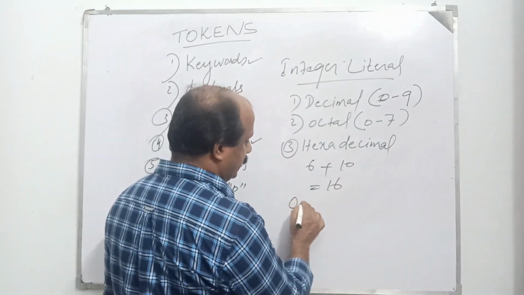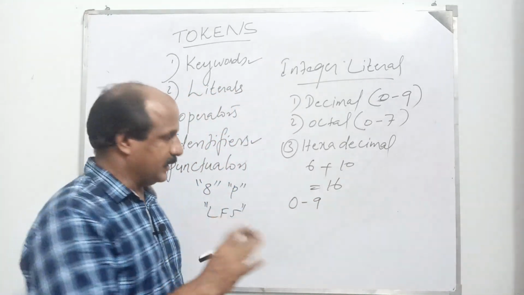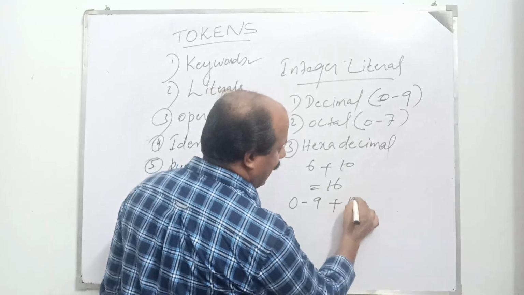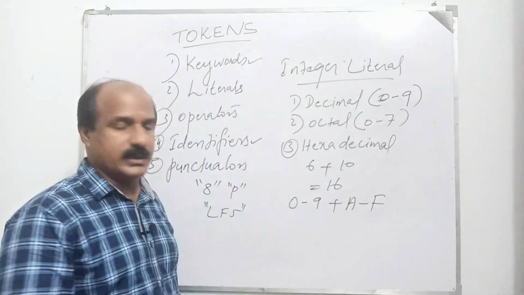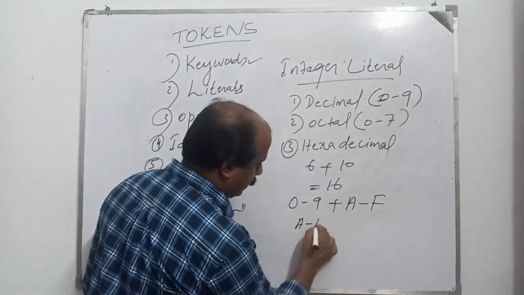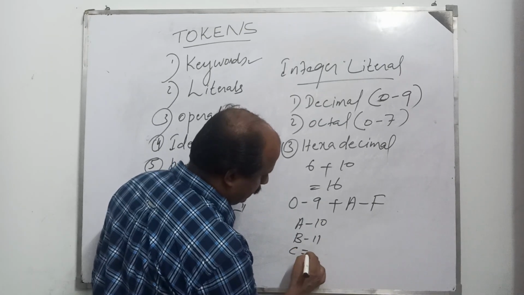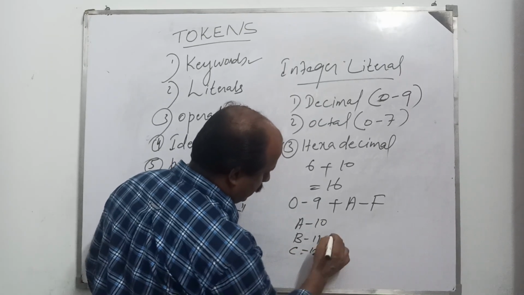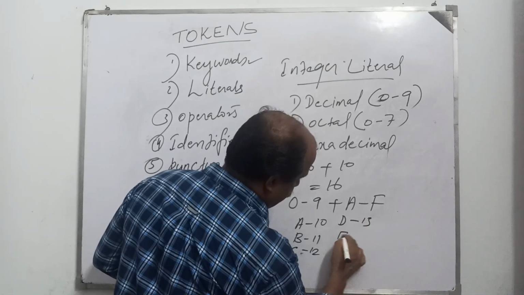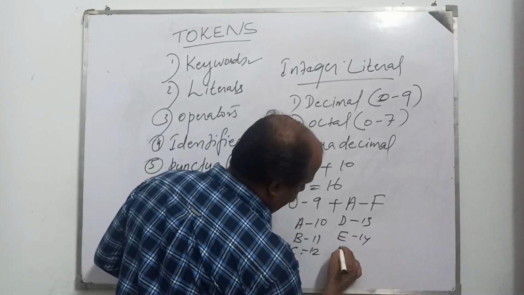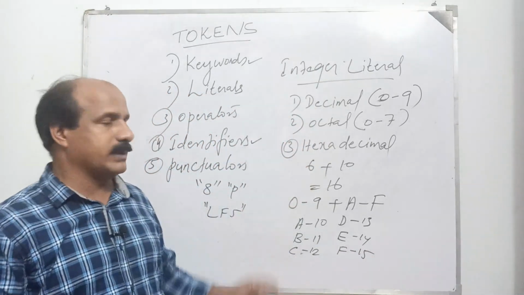So we have the digits 0 to 9 which you already know, plus English alphabet capital letters A to F will also be used. A means 10. B means 11. C means 12. D means 13. E means 14 and F means 15. This is the hexadecimal number system.